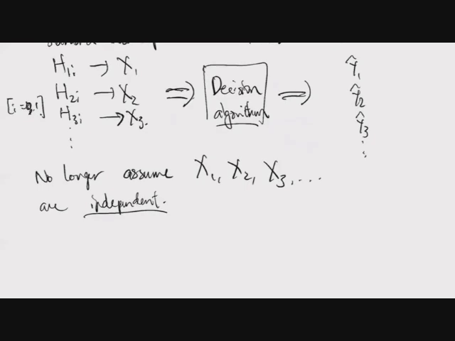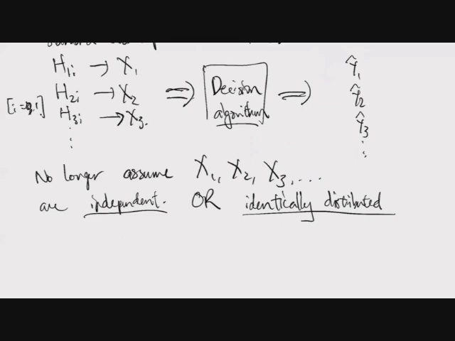In fact, we no longer assume that they are even identically distributed, so they could have different distributions. You can have wholly different test statistics, and yet you can consider all these very diverse, heterogeneous hypotheses in the same framework.